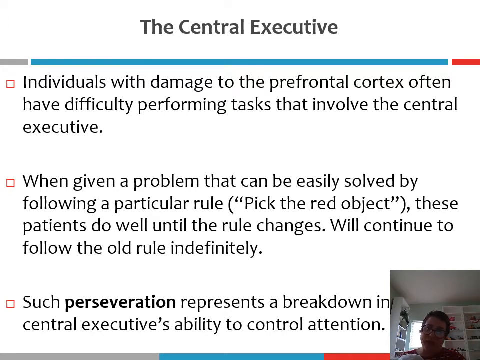So whenever you can't ignore something or switch your attention, you're engaging in perseveration. And this perseveration is again caused by a breakdown in the central executive's ability to control your attentional system and help you to switch between tasks or to ignore information that is no longer relevant.